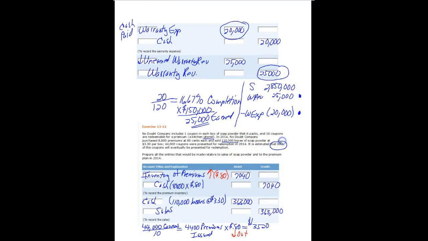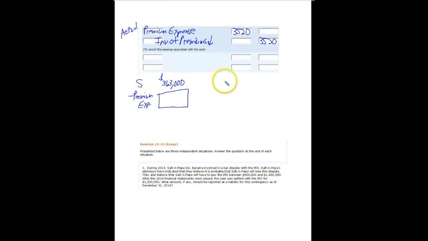They estimate that 60% of the coupons will come back or be redeemed. So of the 110,000 coupons, we sold this many boxes, and there's only one coupon in each box. So there's 110,000 boxes, which is 110,000 coupons. And our estimate is 60% will come back.